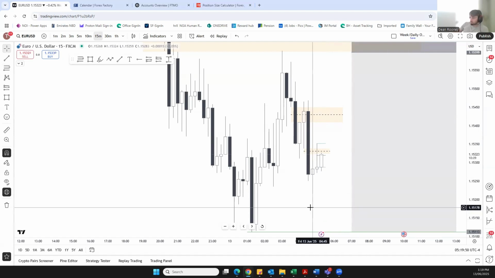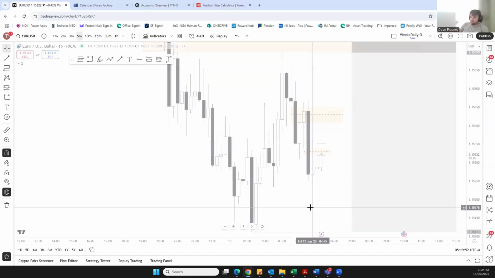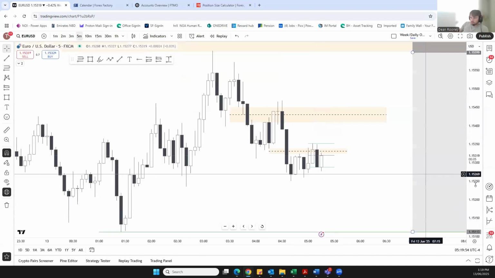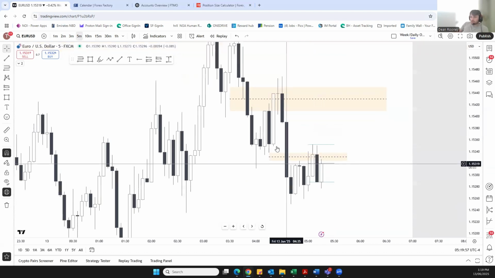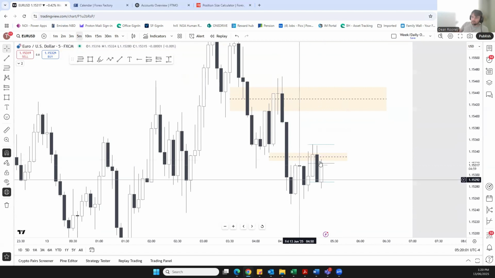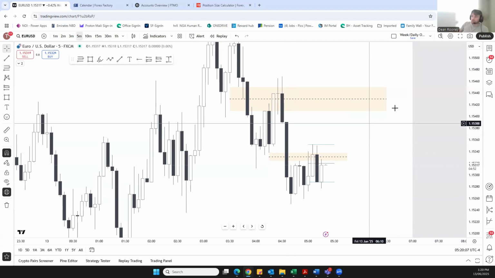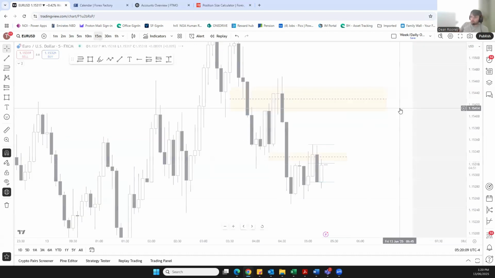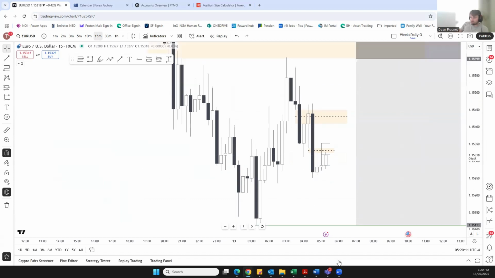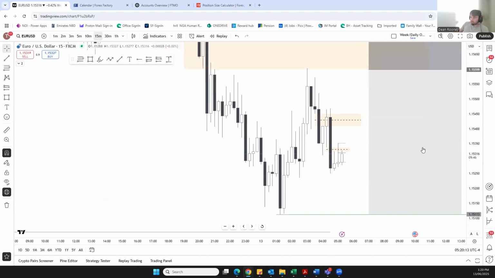Let's see what's happening on the 5-minute chart. You'll see how these are layered. A 5-minute chart looks very different to the 15, because this is a bigger fair value gap, if you like. I like to operate between the 15-minute chart and the hourly chart.